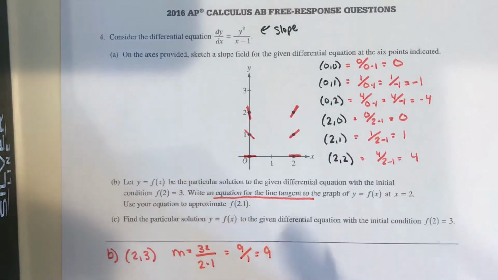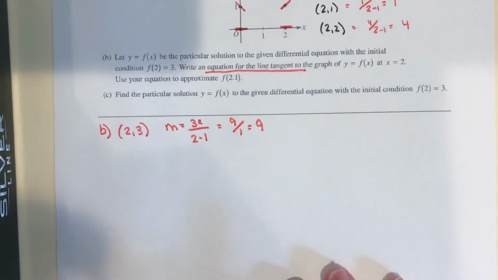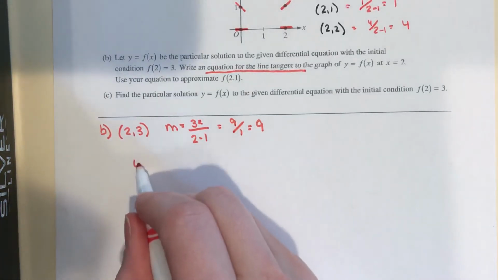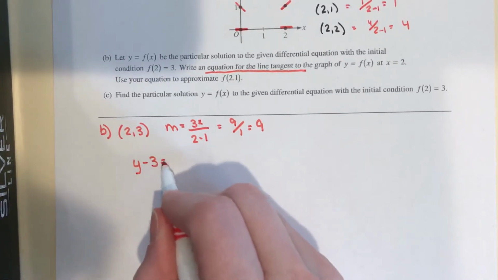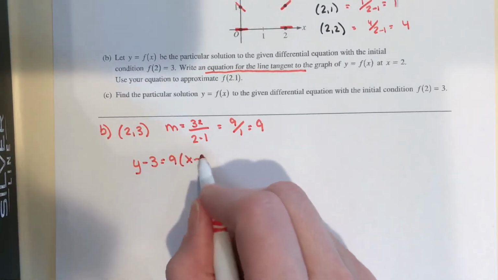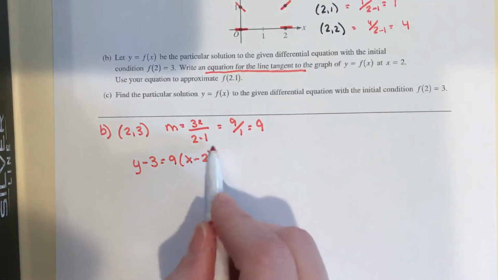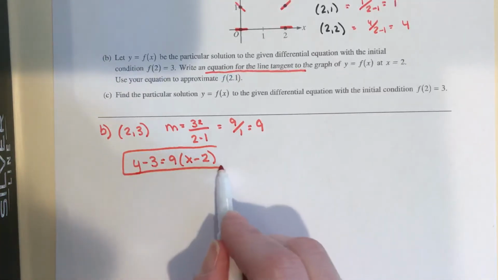My slope is 9. So now I can write my equation of a tangent line using my point slope formula: y minus y1 equals m times x minus x1. So that's the first part of the problem.